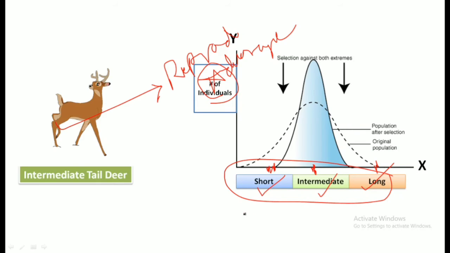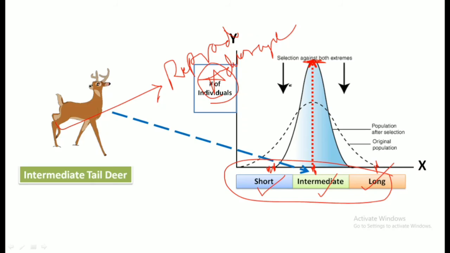So as a result of the intermediate trait being selected, soon the graph will change into something like this. The intermediate is favored over the extreme traits, and so the mean level of this trait is at the maximum. Selection against both extremes.